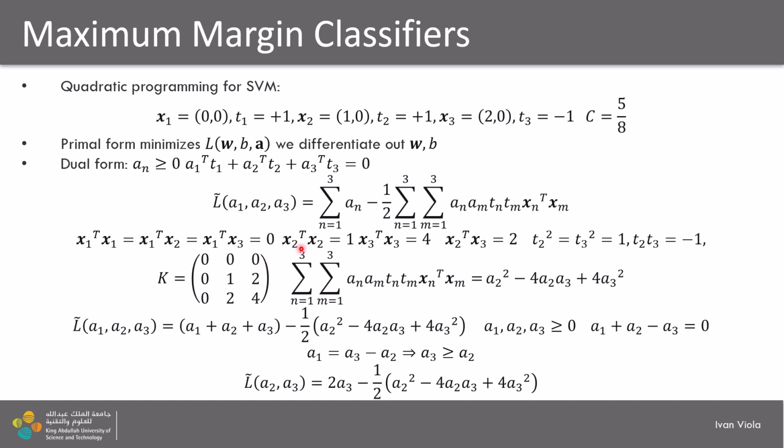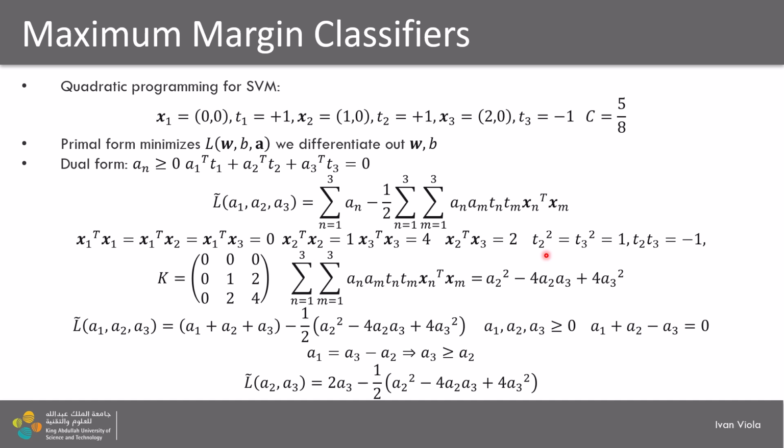Then x2 dot product with itself is equal to 1, because here we see that this is leading to 1. Then we have x3 transpose x3 equal to 4, as x3 is 2. So we can see that the Gram matrix is forming this form here, and then we have t2 squared equals t3 squared, and that is equal to 1.